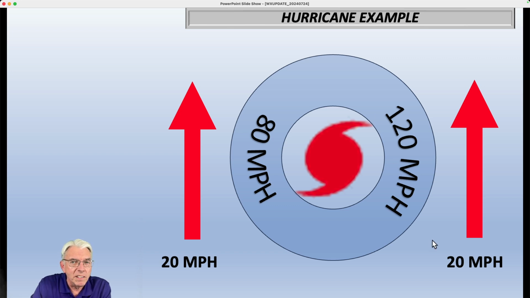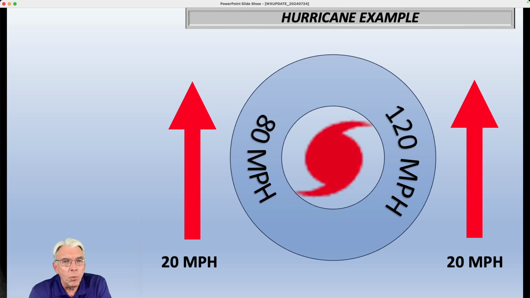Now the problem here is you've got winds from the south here, so the winds with the hurricane are the same direction as the movement of the flow, and over here you've got a north wind, so the two are opposing each other, okay? So if you subtract out the storm motion of north at 20, it's going to decrease this wind here, but it's going to increase this wind here because now you're not fighting it as much, okay?